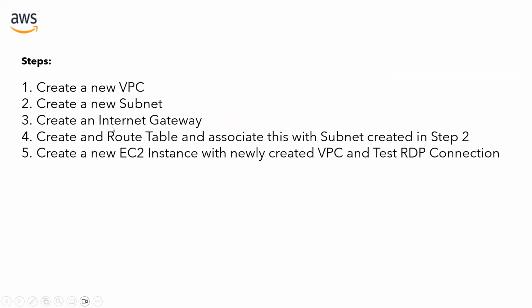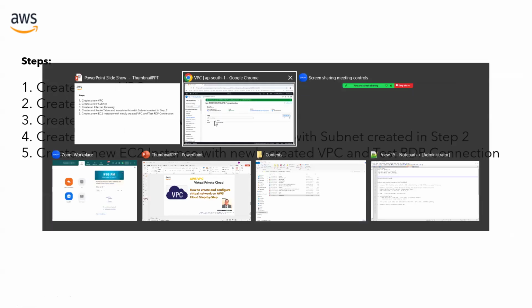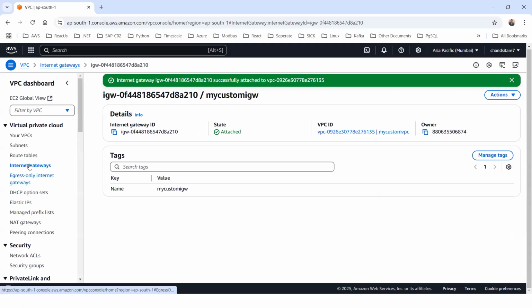Let us see what is the next step. Create a route table and associate this with the subnet that we created in step 2. So let us create a route table itself. So, route table.